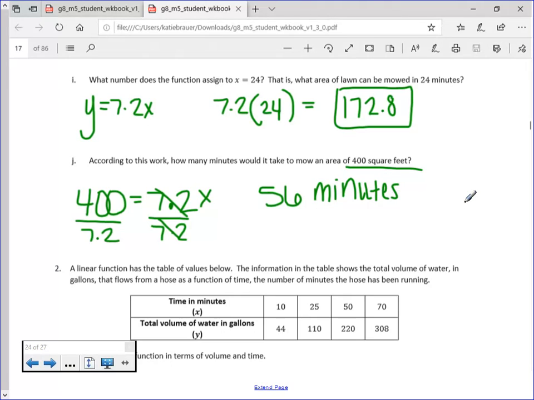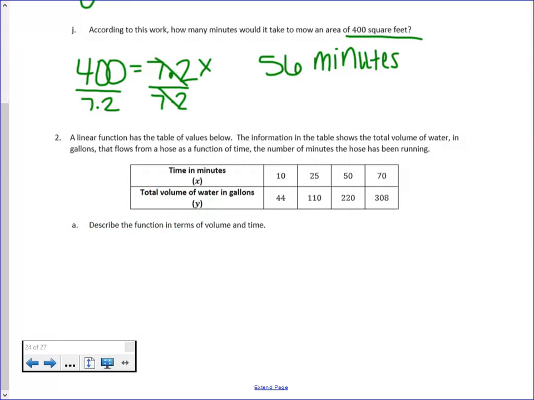Okay, we have one more thing we're going to get through, and we're running out of time. So the next one on number 2 says a linear function has the table of values below. The information in the table shows the total number of water in gallons that flows from a hose and the number of minutes that the hose has been running. It says describe it in words. So what does our Y stand for?